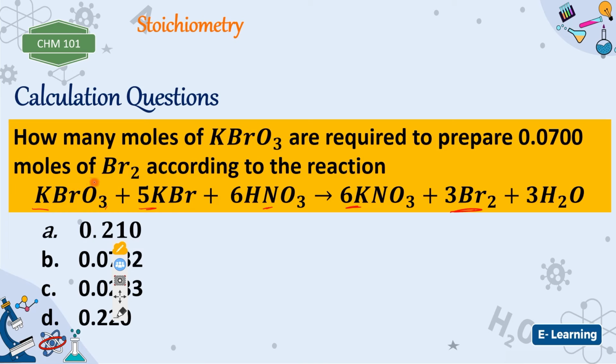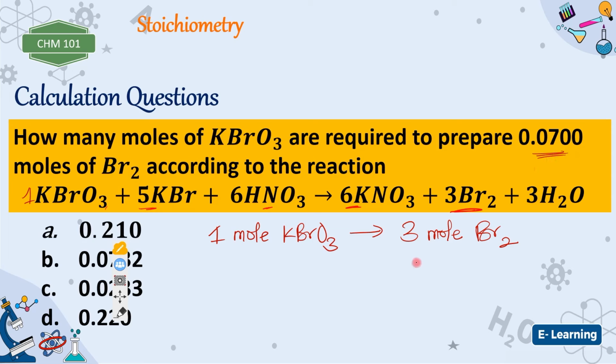If you look at it, it's only 1 mole. There's nothing attached to this one, so it means 1 mole. You are going to say 1 mole KBrO3 will give 3 mole of Br2.